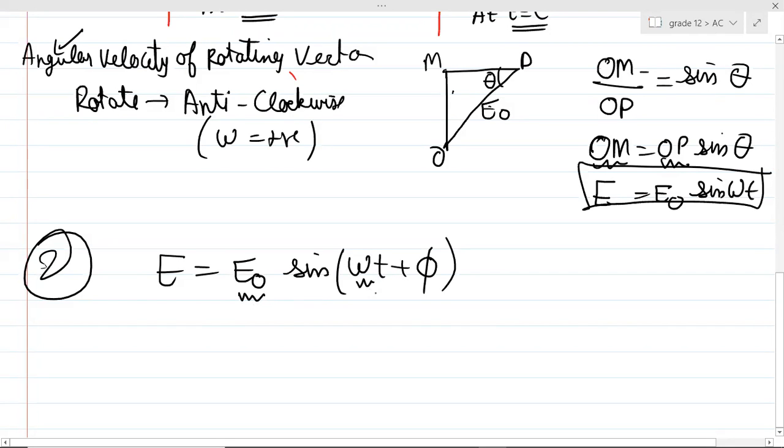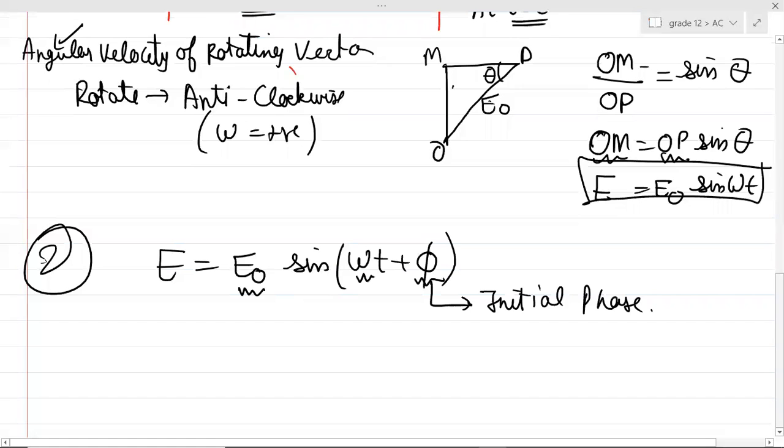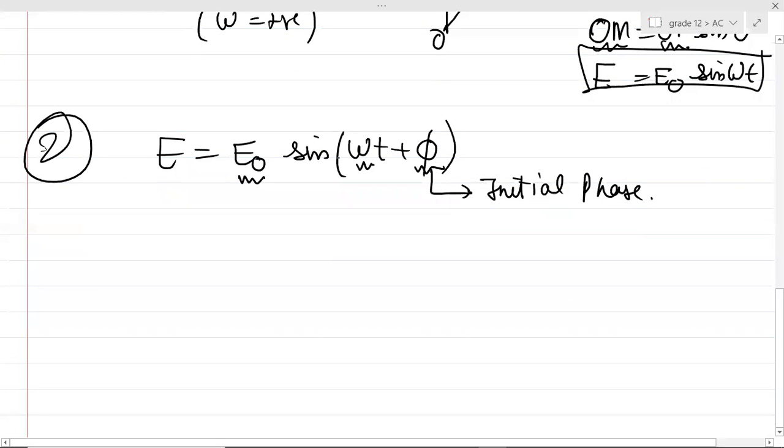Omega is again the angular frequency, and phi is called the initial phase, if you remember, right? Now look, what does that particular thing mean? Suppose I have again two axes, and why am I drawing it like this?